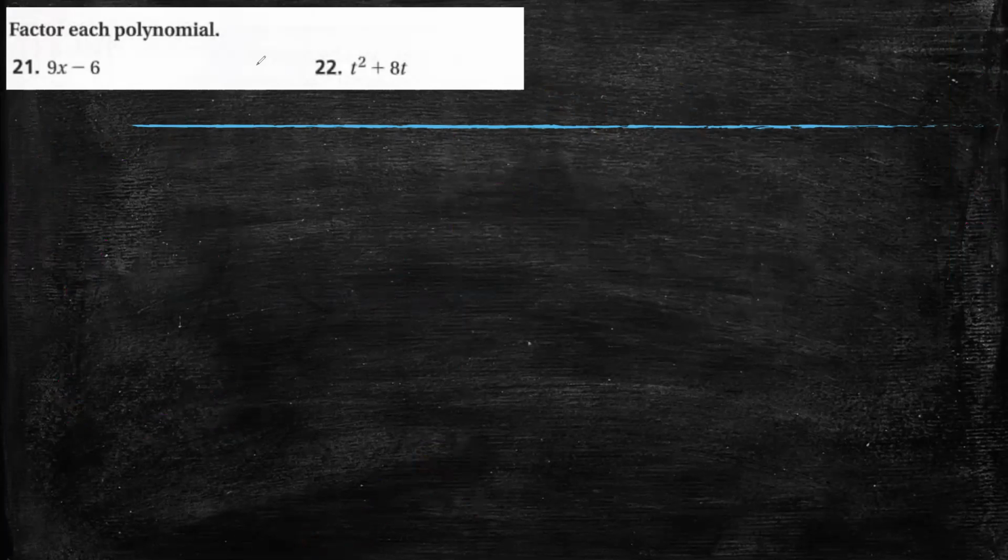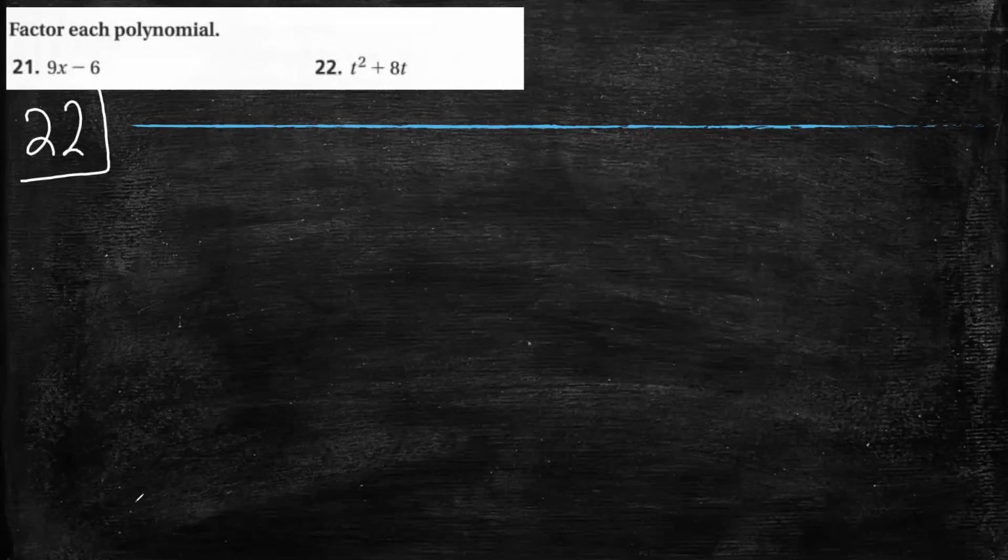Look at now the second one here, in number 22. We have t squared plus 8t. The first step, find the GCF.